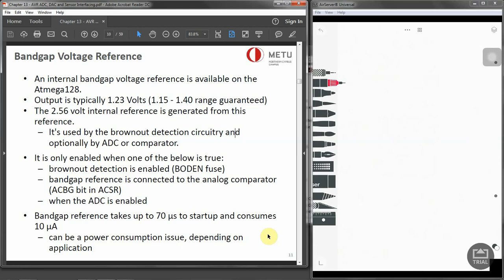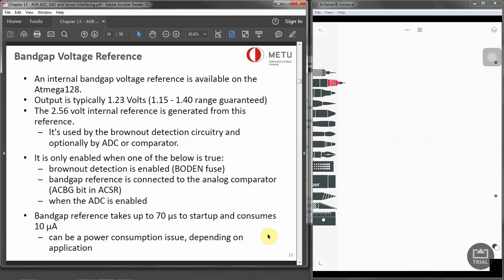Why do we need analog to digital conversion? If you think, everything around us in our world is analog. They're not digital. Sound, the heat, the wind, they're all representing an analog signal.